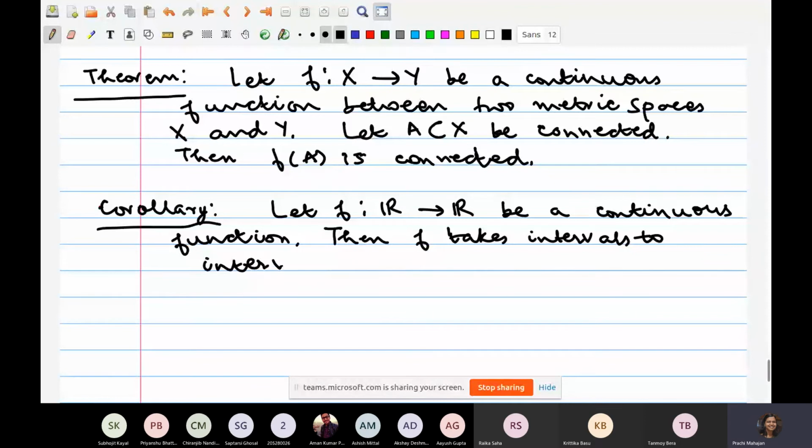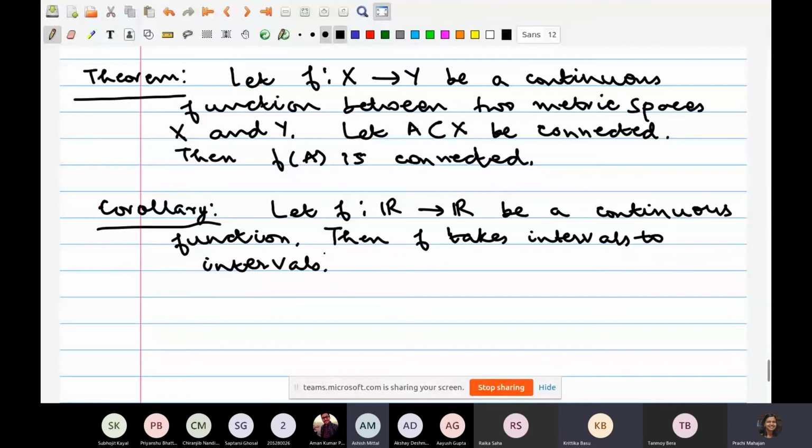Is that okay? Everybody with me? Yes, ma'am. And moreover, if I have A to be a closed and bounded interval, then what more can we say about its image under f? It will be compact.